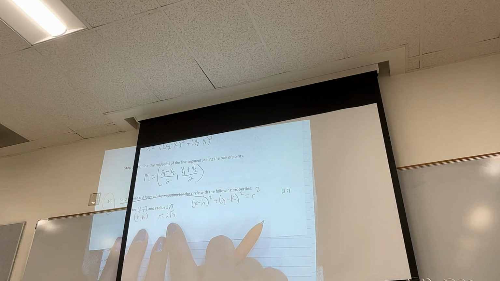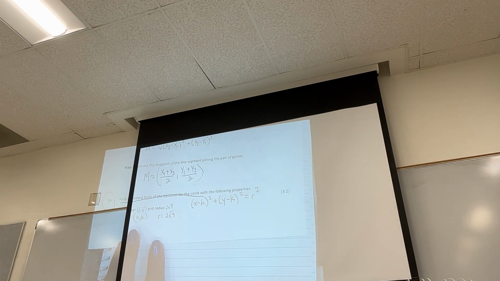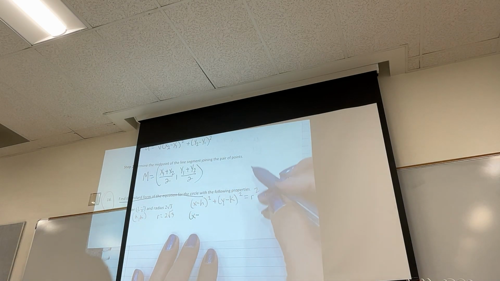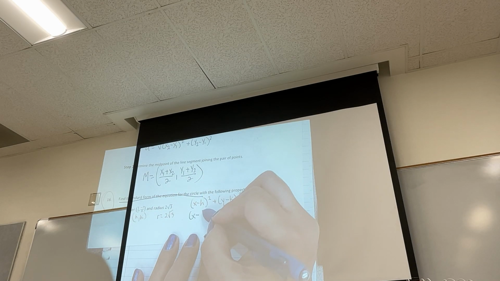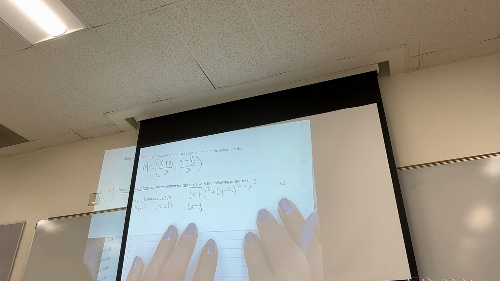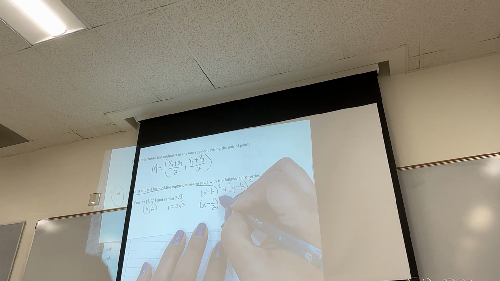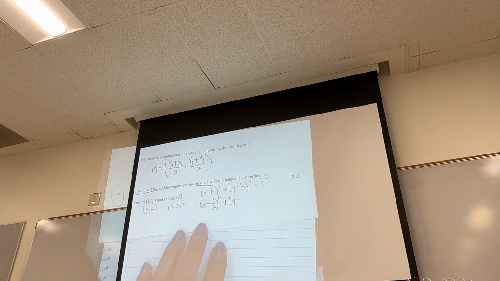All we're doing is plugging these numbers into our equation, and we simplify it. Watch your signs. X minus, what's my h? 1/2, squared, plus y minus, what's my k?